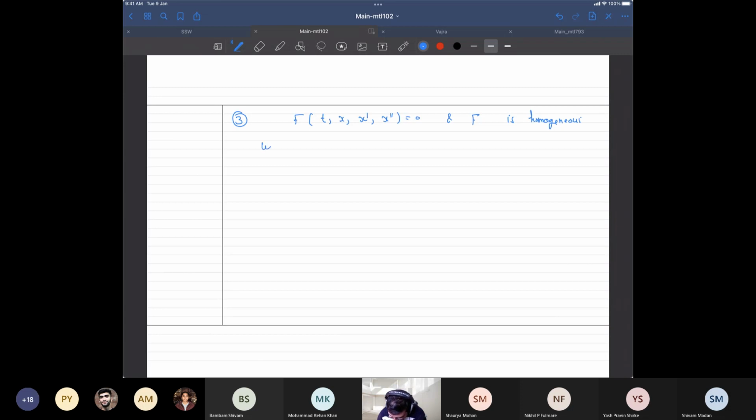We say f is a homogeneous function of degree k, where k is a positive integer.